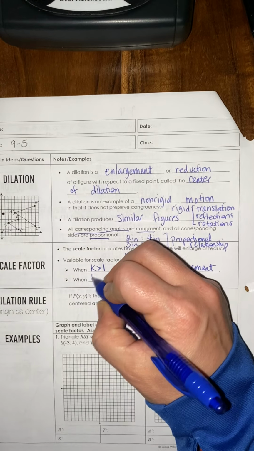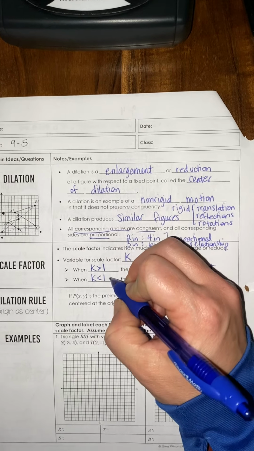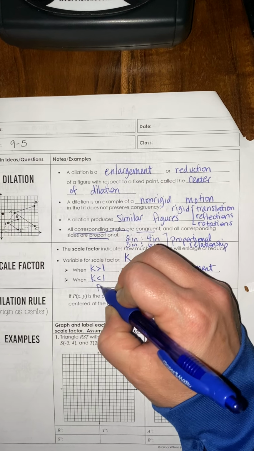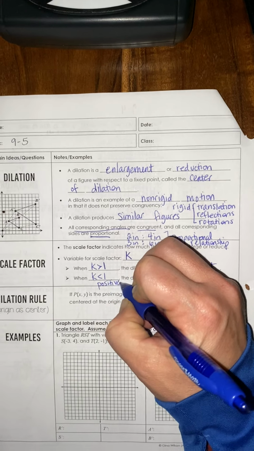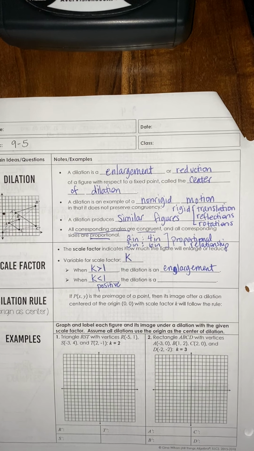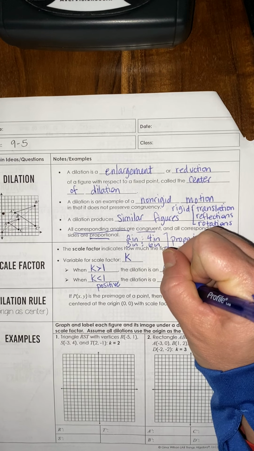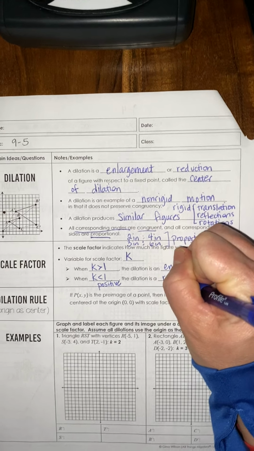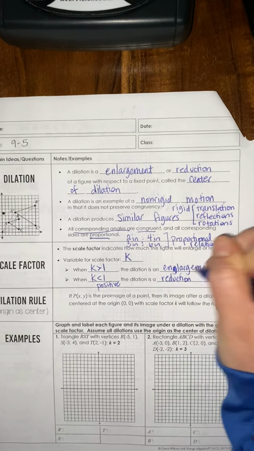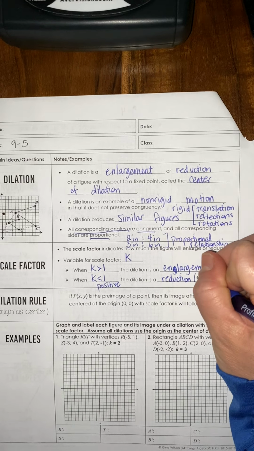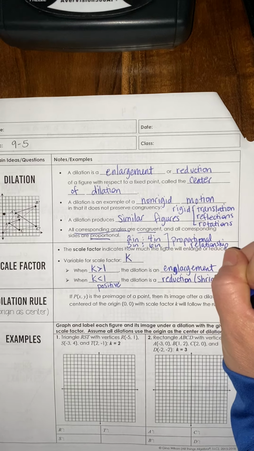If K was less than 1, which still positive, we're not talking about negative stuff, like 1/2, 1/4, the dilation is a shrinking or a reduction. That would shrink up the object.